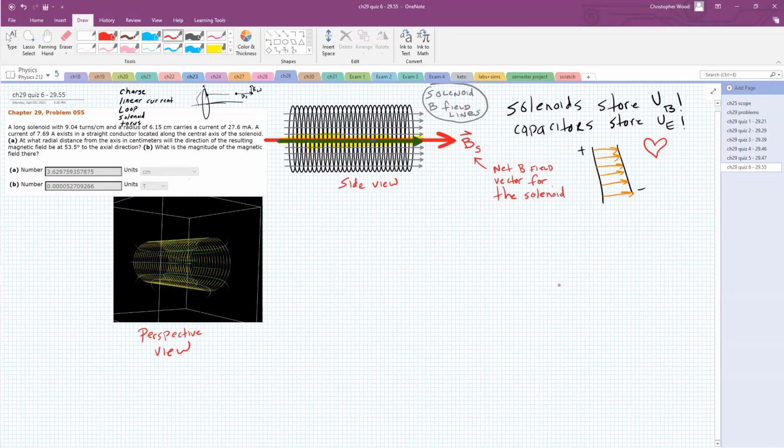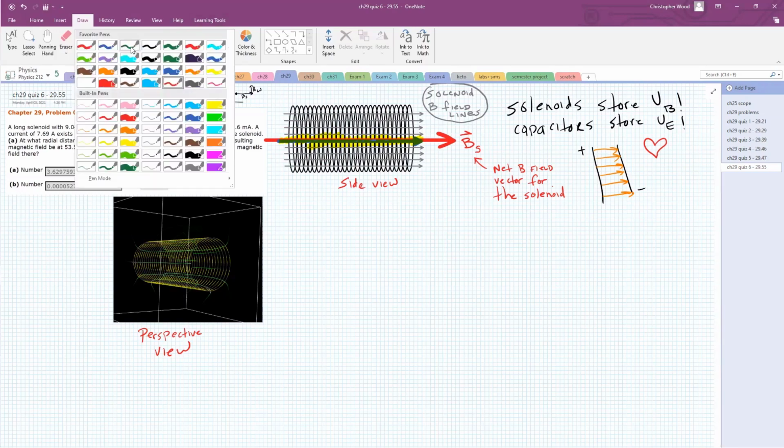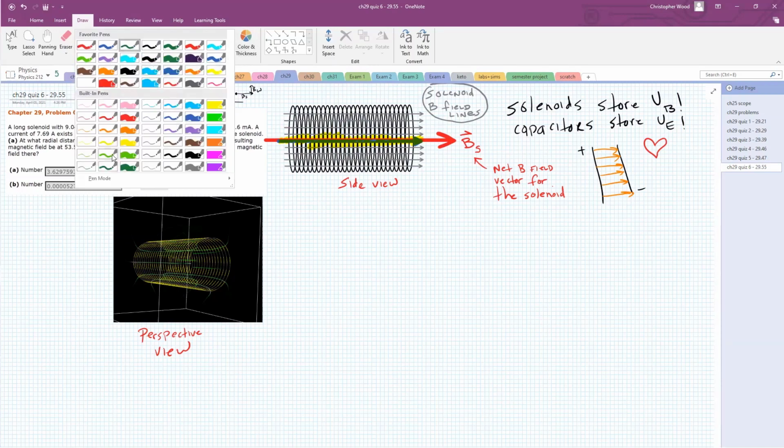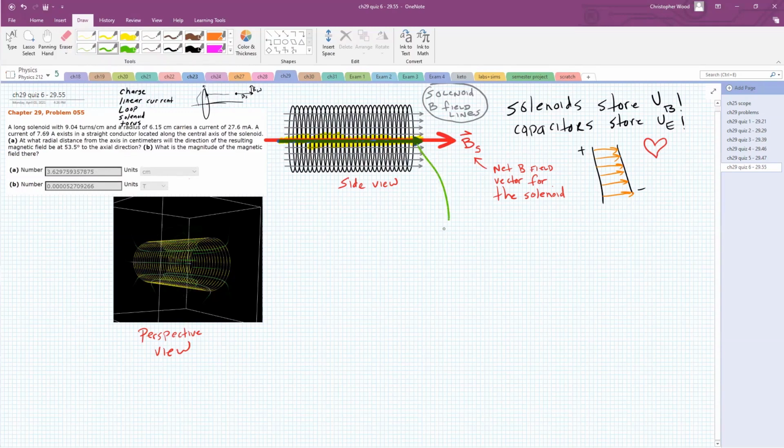Now what we have here, this green arrow I drew here, this is a current carrying wire. So this green arrow right here is a current. It is a current carrying straight wire. And we've dealt with that before. This current carrying straight wire creates its own magnetic field.